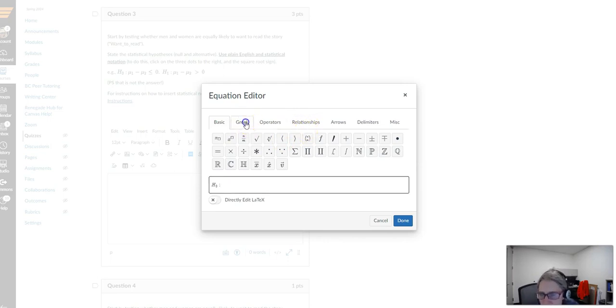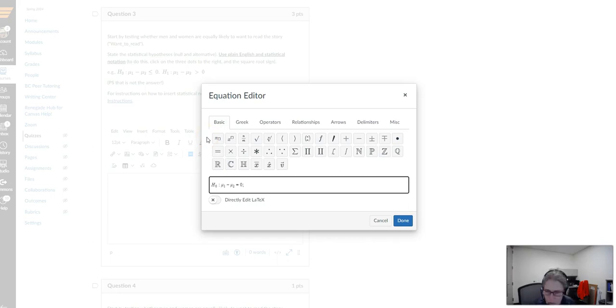There's no difference. So we go to Greek, mu, subscript 1, right arrow to get out of the subscript, minus mu, subscript 2, right arrow to get out of it, equal, just use your keyboard, 0. That's your null. There's no differences between the means. Remember, a null hypothesis always has an equal sign in it.